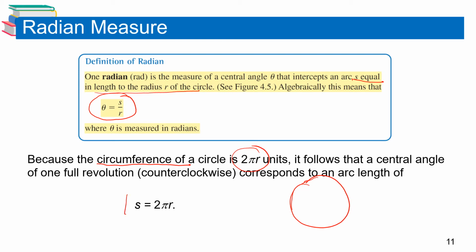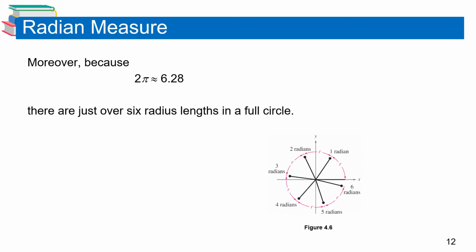So your S will be 2 pi r. When you plug in, your theta will be S divided by r, and S is 2 pi r because it is a complete circle. That divided by r will be just 2 pi. Your theta will be 2 pi if I take the complete circle.